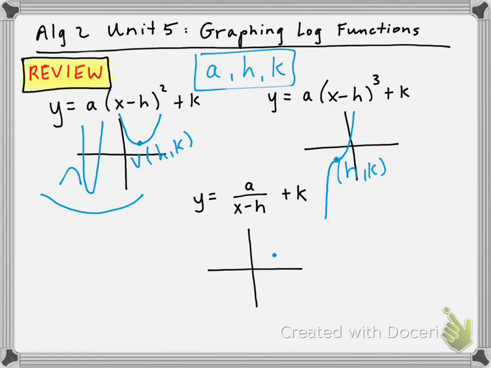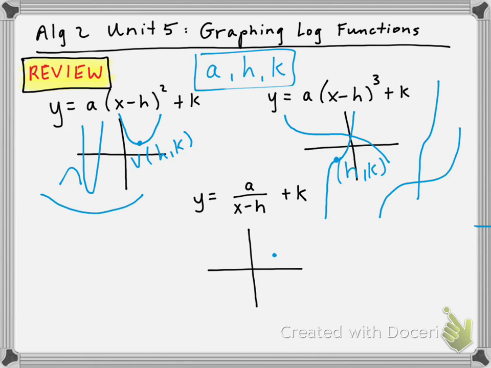And again, the a is a super narrow or thin vertical stretch if the a is a big number, and a wider vertical compression if the a is between 0 and 1. And if the a is negative and small, between 0 and negative 1, then the graph would decrease from left to right, and it'd be compressed, so a little bit wider.